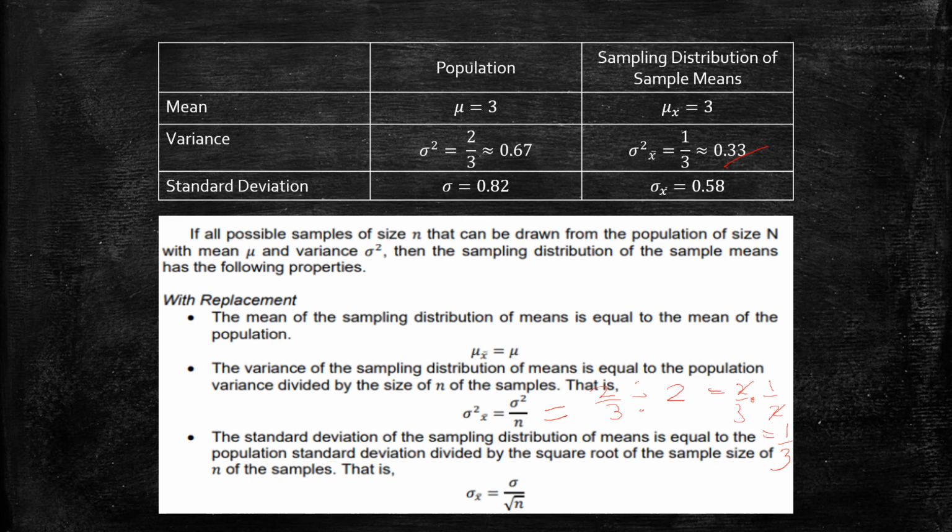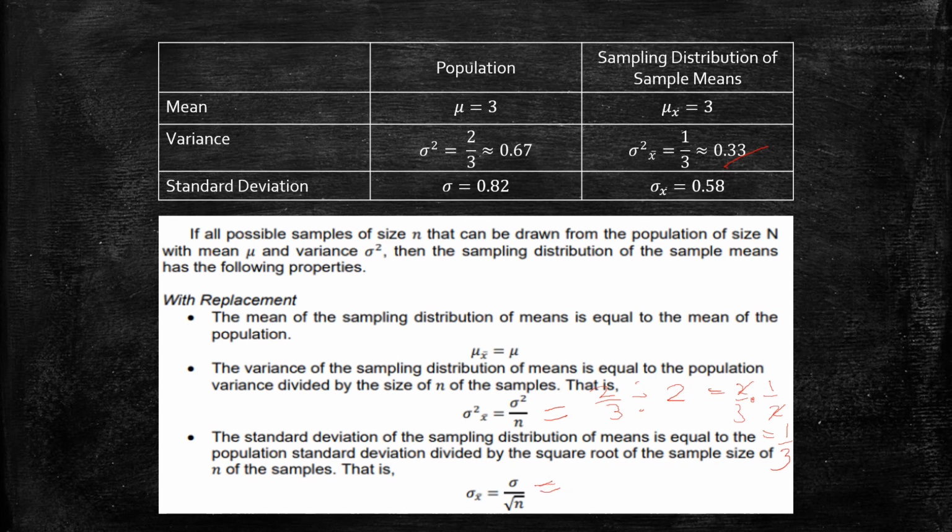How about the standard deviation? The standard deviation of the sampling distribution of means is equal to the population standard deviation divided by the square root of the sample size n. That is given by this formula.